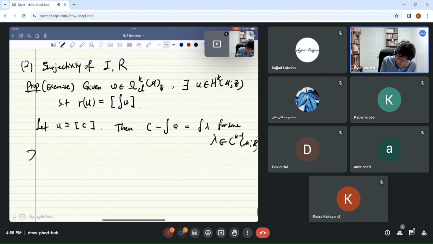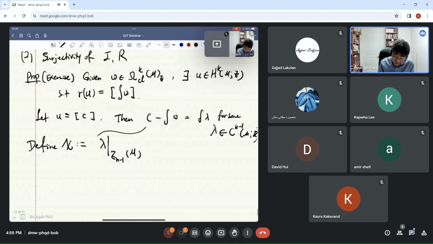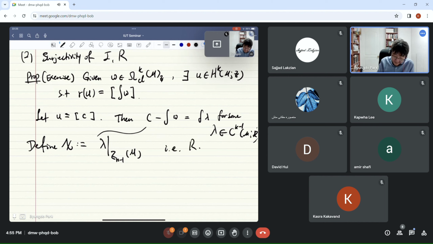then we define this chi to be what? Consider this lambda, and then you restrict it to degree k minus 1 cycles, and then modulo Z. So that means R is onto, right?